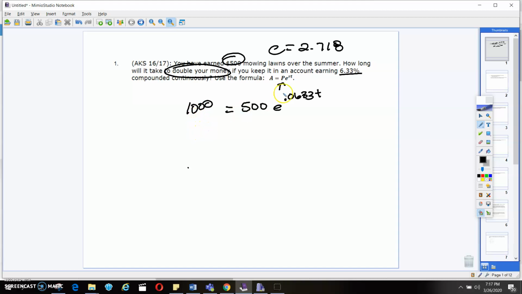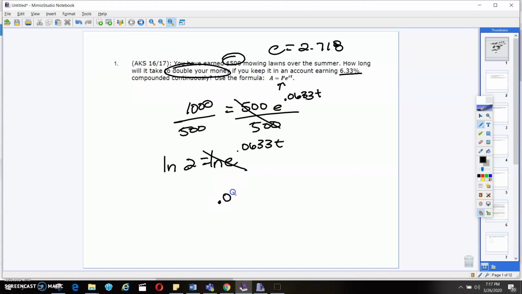The first thing I want to do in order to solve for T is divide by 500 on both sides. 2 equals e to the 0.0633 T. I'm going to take the ln of both sides, and the reason why I'm going to take the ln of both sides is to get rid of that e. So we're going to take ln, both sides, this cancels out, and that's going to give me 0.0633 T equals ln of 2.